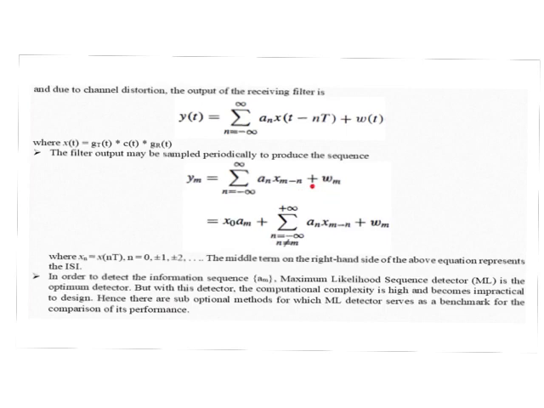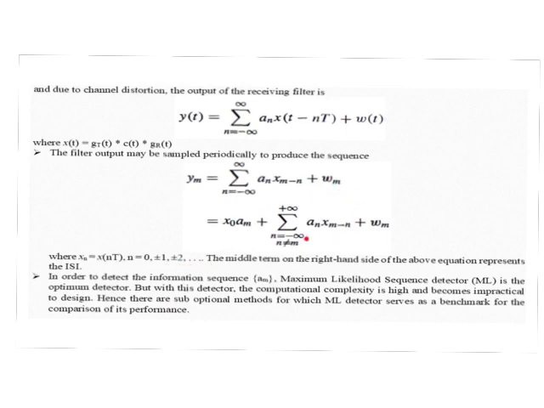This we can expand as x naught a m plus summation n equal to minus infinity to plus infinity, n not equal to m, a n x of m minus n, plus w m. Here x n is the sampled value x of nT. The value of n ranges over 0, plus or minus 1, plus or minus 2, and so on.